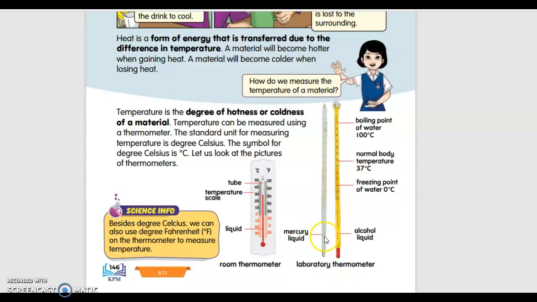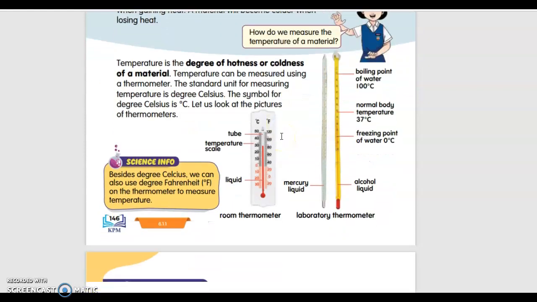We have mercury liquid and also alcohol liquid. The freezing point of water is 0 degrees Celsius. Normal body temperature is 37 degrees Celsius. Boiling point of water is 100 degrees Celsius. So this is the thermometer.